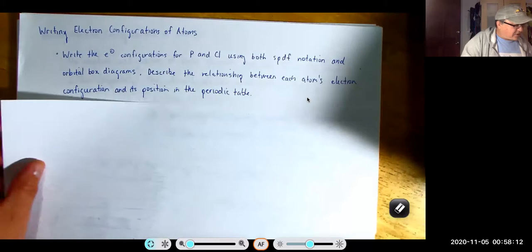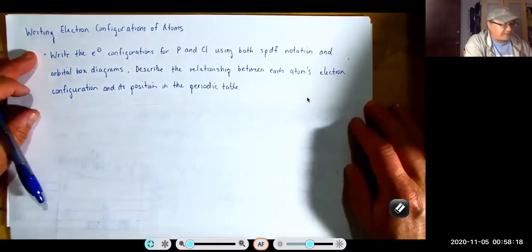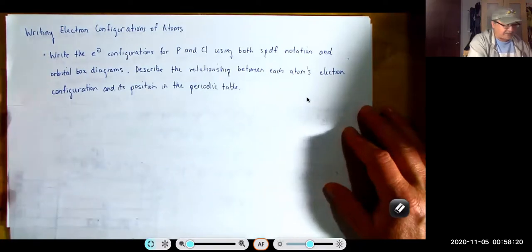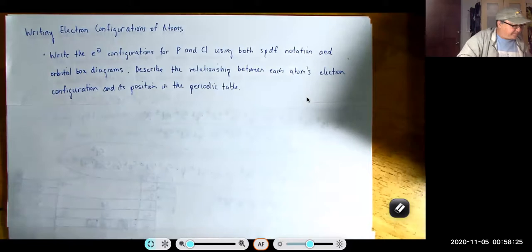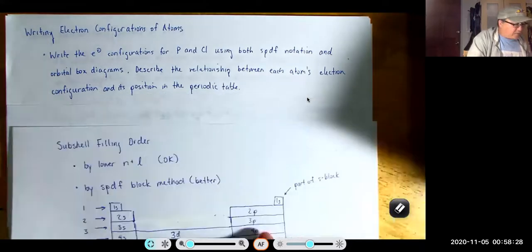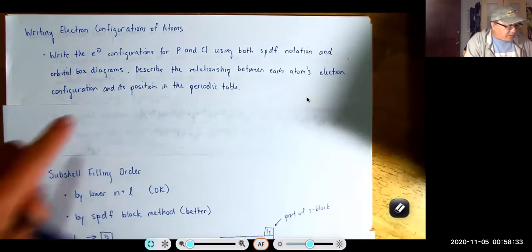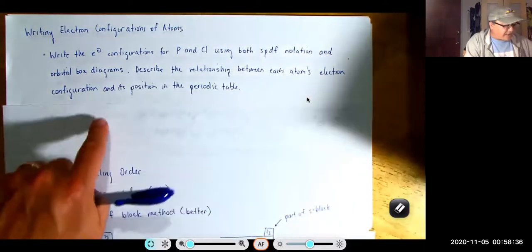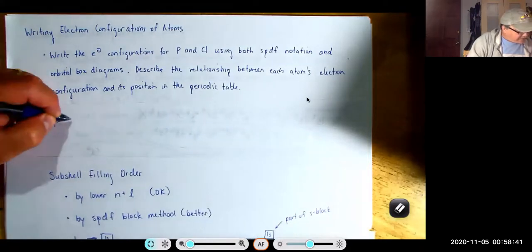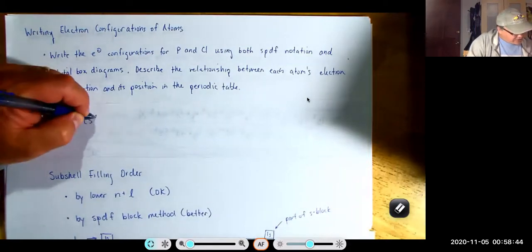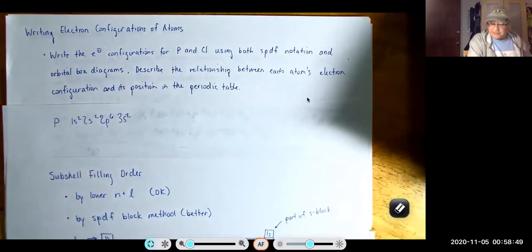Write the electron configurations for phosphorus and chlorine using both SPDF notation and orbital box diagrams. So I'm going back to this, and we're looking at phosphorus and chlorine. This also says describe the relationship between each atom's electron configuration and its position in the periodic table. So for phosphorus, we're looking at 1s2, 2s2, 2p6, 3s2, and phosphorus is down here in the 3p.